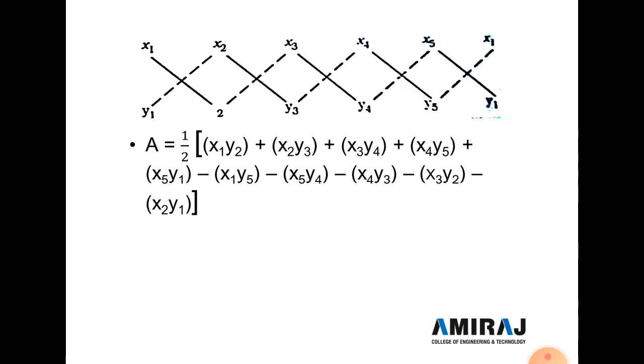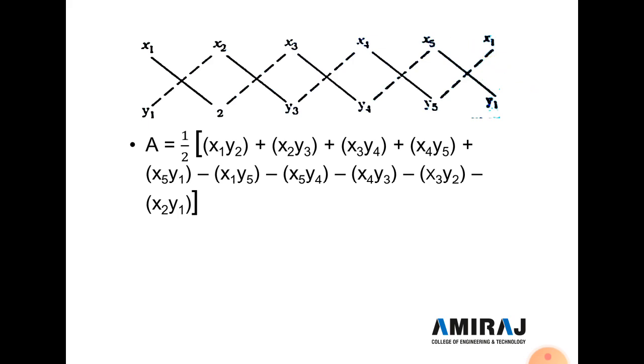So in simple terms, write x1, x2, x3, x4 on the upper side and y1, y2, y3 on the lower side, and the starting point and end point are similar. So A is equal to 1 by 2 in the bracket x1 into y2 plus x2 into y3 plus x3 y4 plus x4 y5 plus x5 y1.